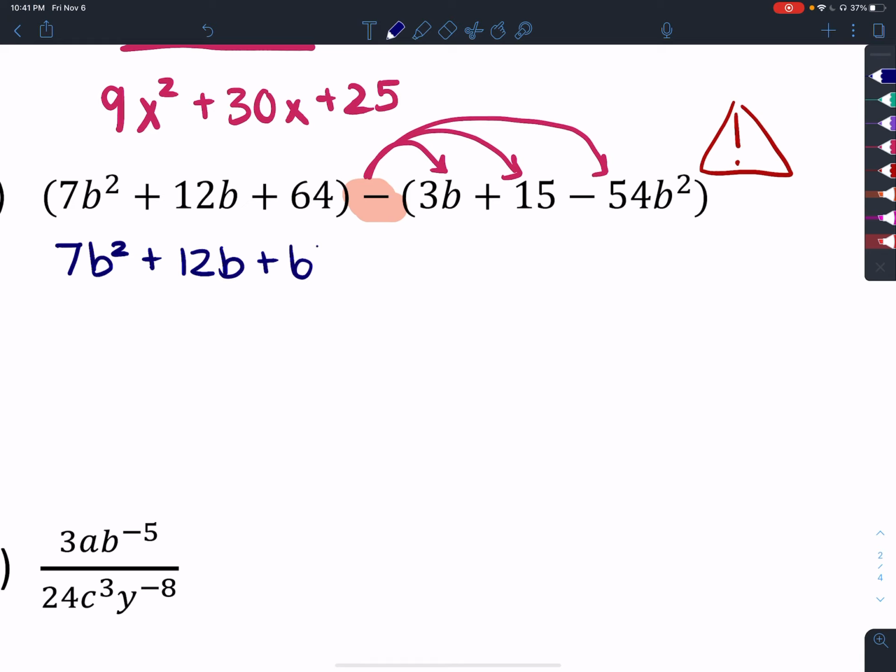We're rewriting that first bracket, and now we are rewriting the second bracket, but we are changing the sign of every single term inside there. So that positive 3b, that's going to become negative 3b. That positive 15 is going to become negative 15. And that negative 54b squared, that's going to become plus 54b squared.